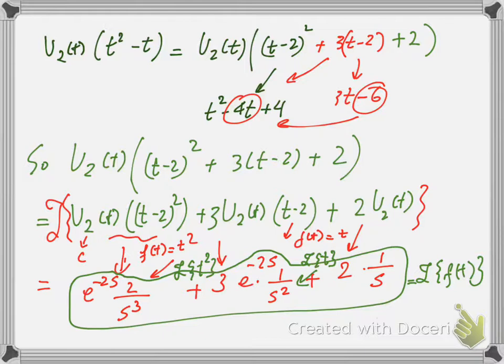My suggestion for you is, when you have a step function and you want to find its Laplace transform, you need to put it in the correct form first before trying to find it.